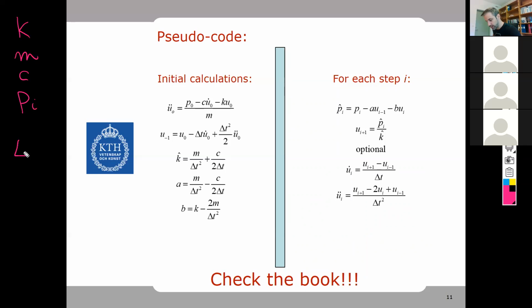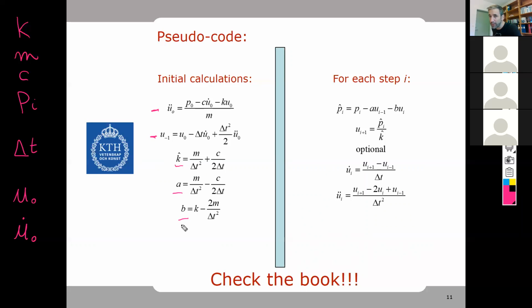The value of delta T needs to be chosen, and the values of U0 and these initial conditions need to be also known. Okay, but once we have them, we can calculate the initial acceleration. With that, we calculate this fictitious U minus 1. And then we calculate these three values, okay? K hat, A, and B.